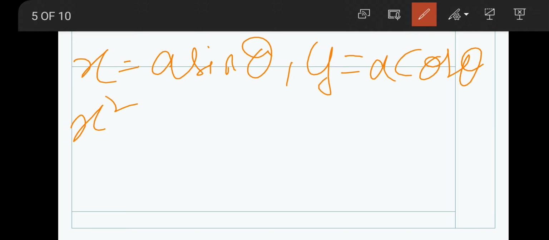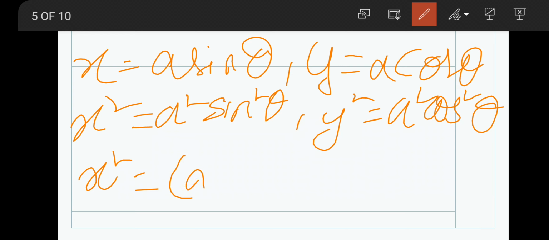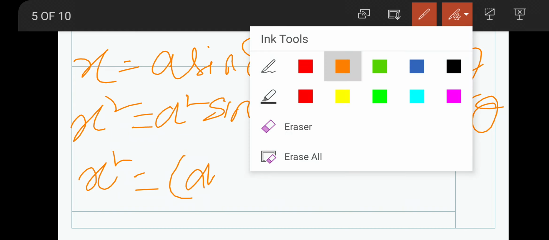That means x square equals a square sin square theta and y square equals a square cos square theta. Now, can I write this x square as equation 1?